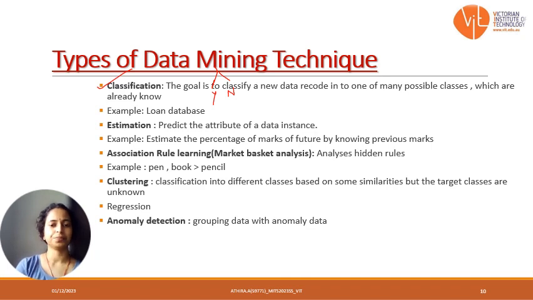Estimation: we are predicting future data with some data. For example, percentage of marks. If a person got bad marks in the history, there is a chance of getting bad marks in the future also. That's estimation. And association rules: I already mentioned that if a person comes for buying a pen and book, there is a chance of buying a pencil also, so we place the pencil near the pen or book shelf. So we are associating some rules.